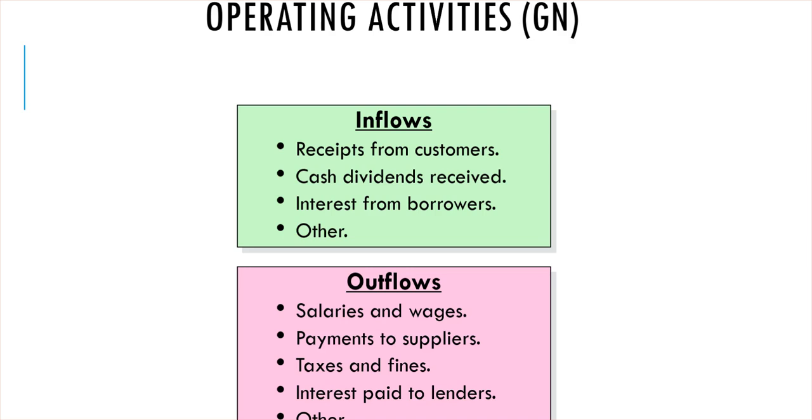This obviously is the direct method. If you use the indirect method, you're going to start with the income statement and then show adjustments to net income, and come down and get to cash flow from operations.